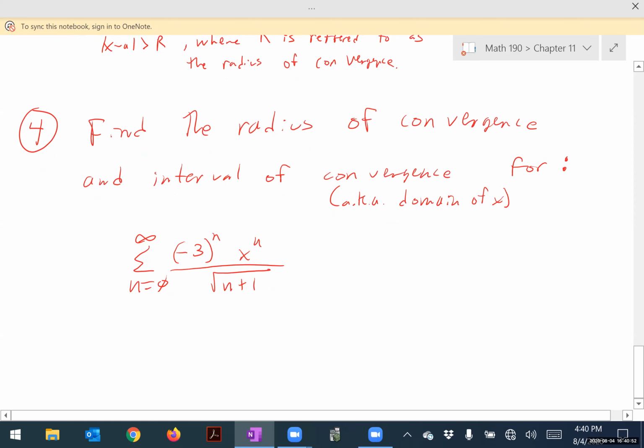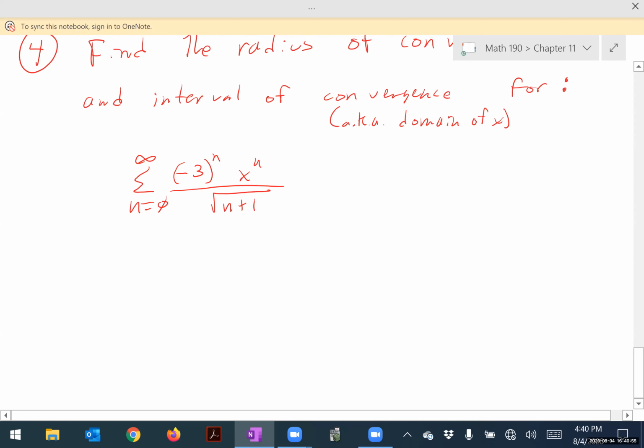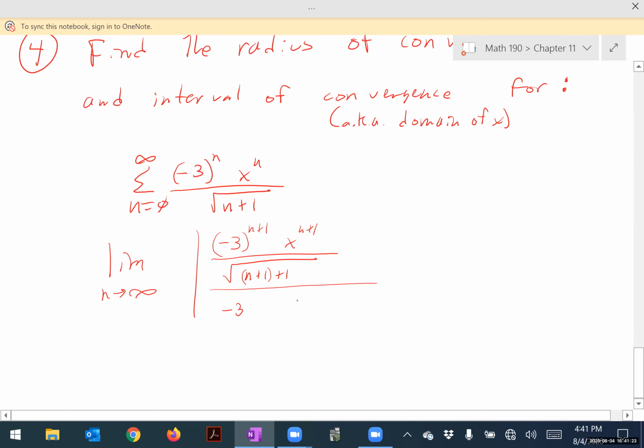Let's set up our ratio test to find our radius of convergence. The limit as n goes to infinity of negative 3 to the n plus 1 times x to the n plus 1, all over the square root of n plus 1 plus 1, all over the original, negative 3 to the n, x to the n, all over the square root of n plus 1.